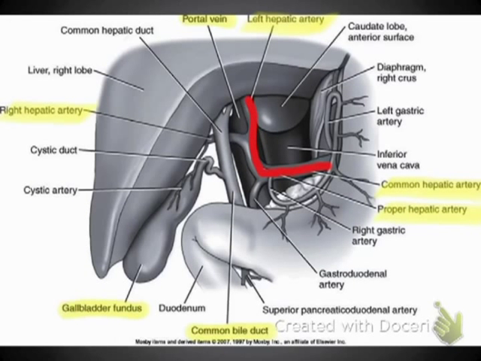Then we have the left and the right hepatic artery. Also here we have the portal vein on the posterior portion going into the left and the right portal vein.